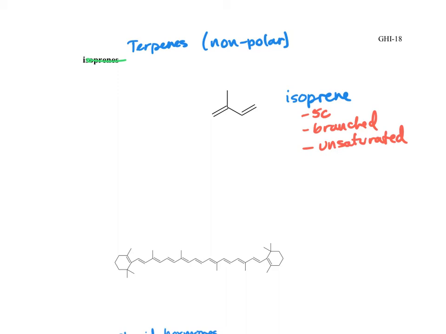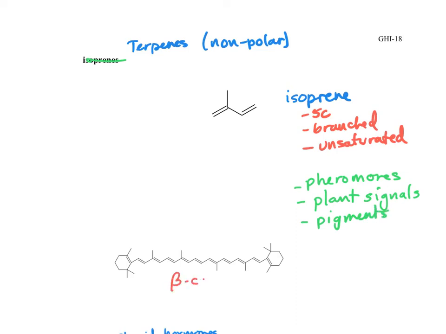And they tend to be things like pheromones for insects. They tend to be plant hormones or plant signaling molecules, things like that. And so every plant has its own variety of different molecules. Some of them are pigments, and we have one of those shown right here.